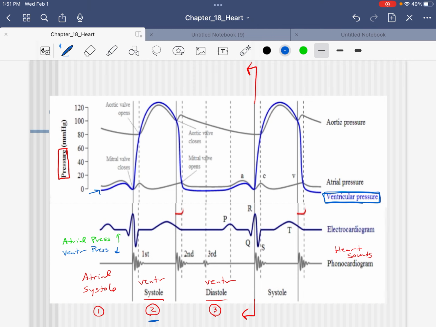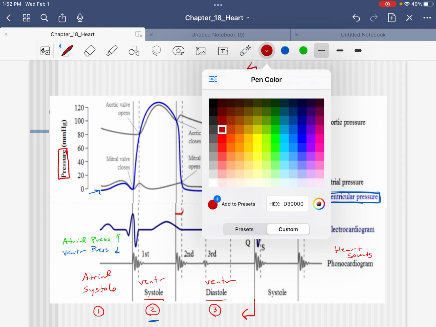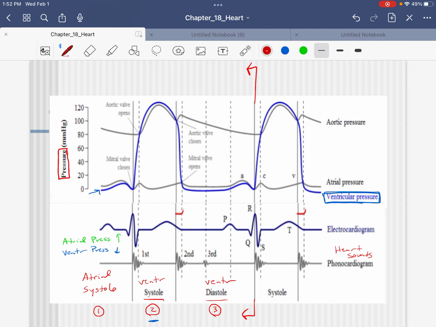So ventricular systole as a whole goes from here to here. So this is ventricular systole.